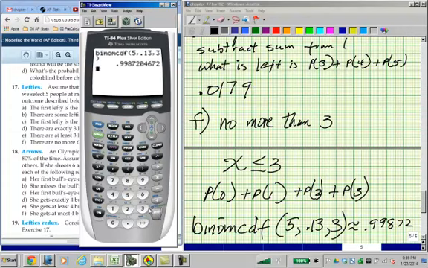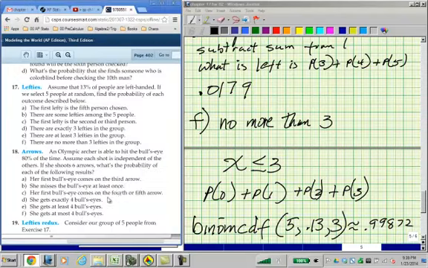And you can see that's quite high. Okay, so that's 17.